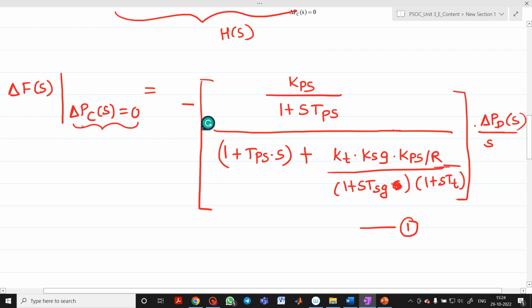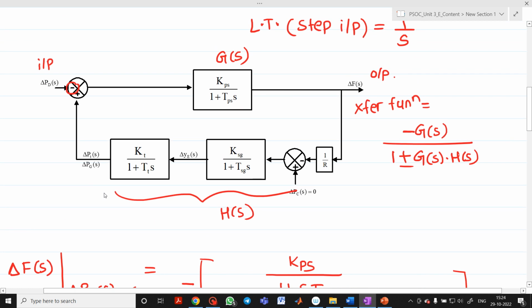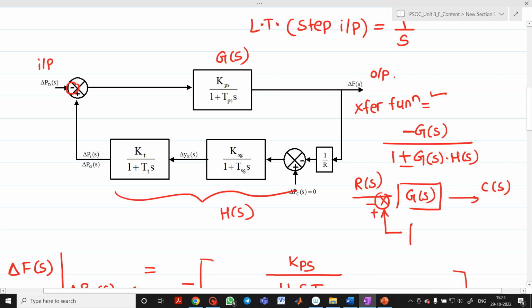And here, okay, let me first tell you about this transfer function. We know this is your G(s). Then this will be your C(s) output, R(s) is the input, and here this is negative, this is positive. So this will be your, suppose, H(s). So how can you write an expression for this? How will the transfer function be?